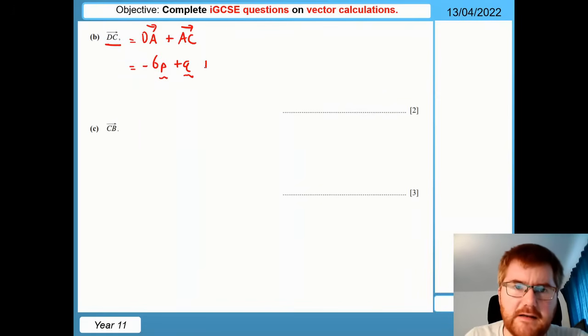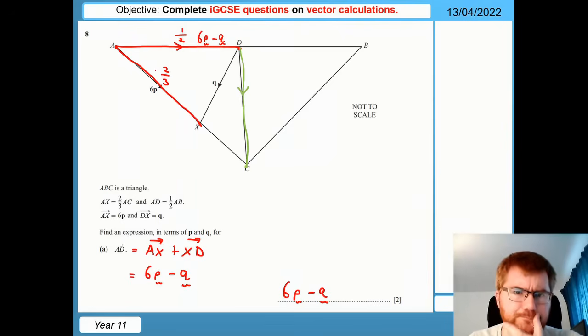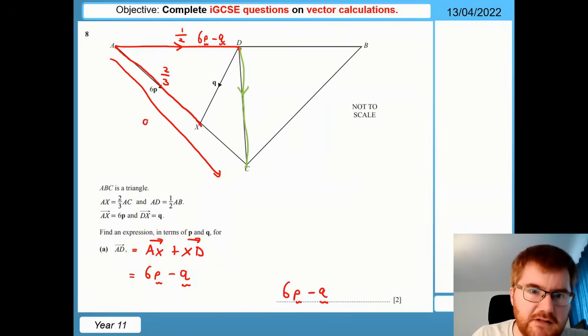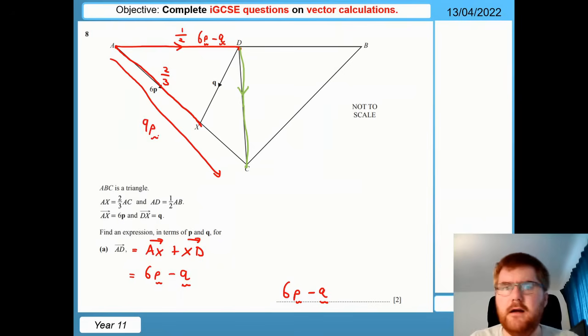And let's work out what AC is here. Well, remember, AX is 2/3 of the entire length. That's why I wrote in 2/3. So if this is 6P and this is 2/3, then the entire length, to go all the way from A to C, is going to be equal to 9P.